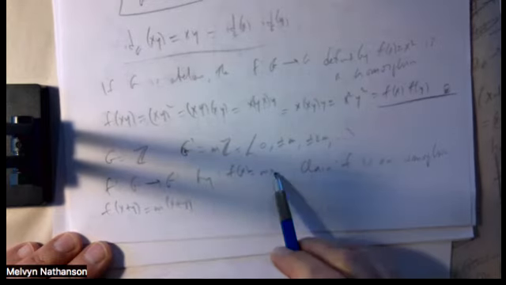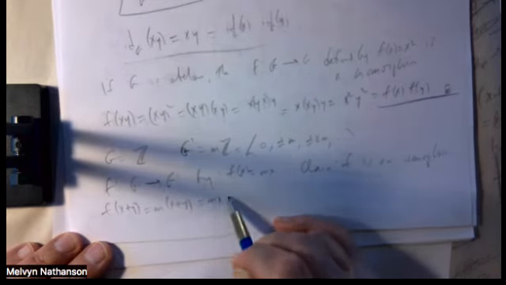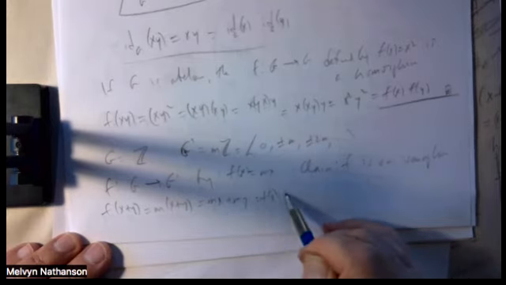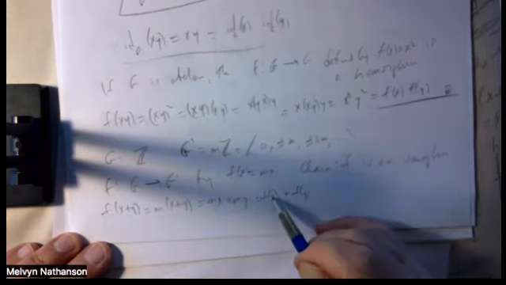Why is that? First of all, f of x plus y is m times x plus y, which is mx plus my. mx is f of x, and my is f of y. So that's the definition of homomorphism for an additive group.